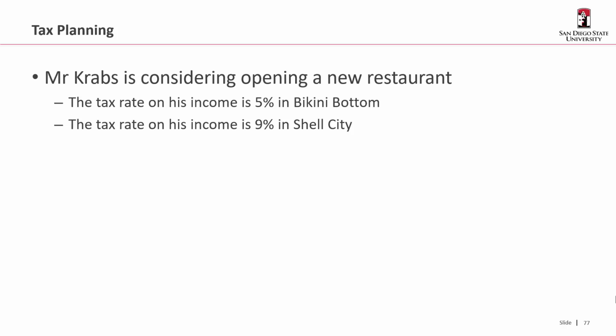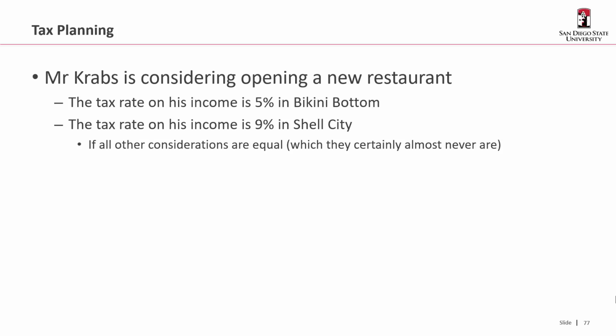So Mr. Krabs is considering opening a new restaurant. So a new Krabby Patty is on the way. And he could either open it in Bikini Bottom or Shell City. The tax rate on income is 5% in Bikini Bottom. The tax rate on income is 9% in Shell City.